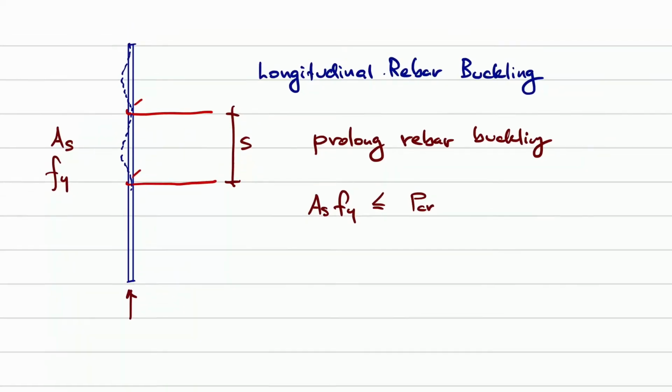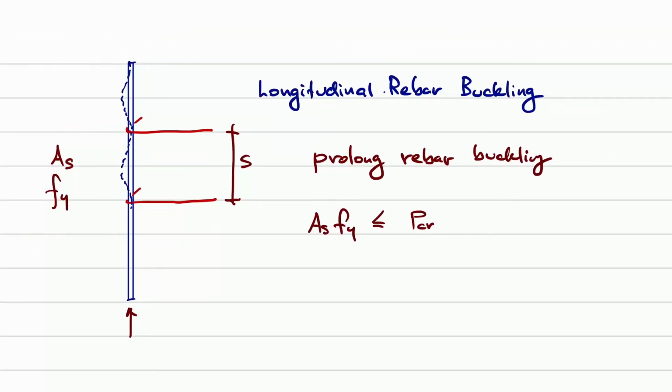How to compute the buckling load of rebar? This picture, it depends on the fixity. If it buckles in this shape, the effective length will be equal to S. But if you can see that this is a continuous system, it might be like this, so this equals 2 times, well, basically it is S over 2, right?